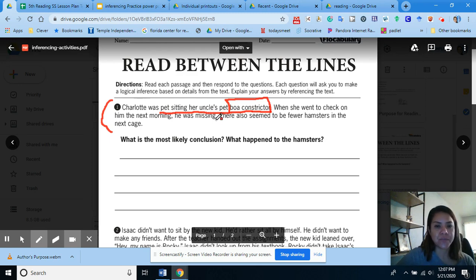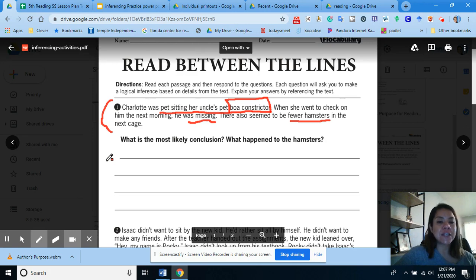Okay, so she was pet sitting a boa constrictor, a snake, and then she went to check on him the next morning and he was missing. That is not good. And then there seemed to be fewer hamsters in the cage. This whole situation is not good.